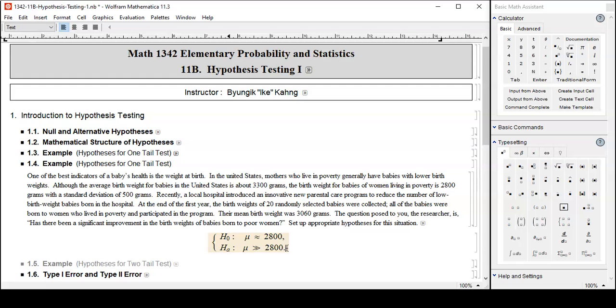Yeah, I was kind of setting up a trap, equal to 3,060 as I did in the previous example, but I decided not to, but did not bother changing this mu0 value. This value and that value must be the same, equal here and then inequality there. And the direction of the inequality is associated to the context, number one, and also the sample mean. Okay, that's how you set up.